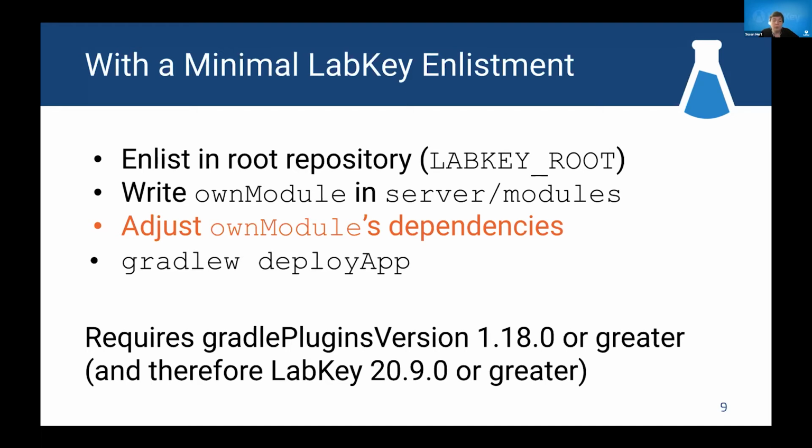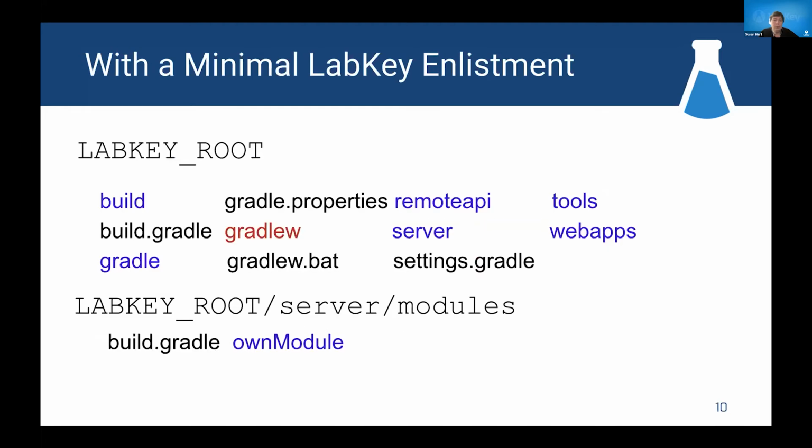So in this scenario, this is what my file system kind of looks like. I've got obviously the LabKey root, which just has standard things. And then in my server modules directory, I have my own module directory, and then of course the build.gradle file that just comes from the root enlistment.